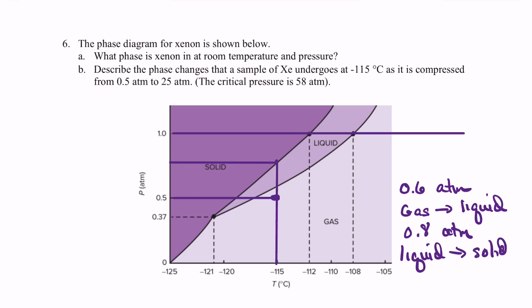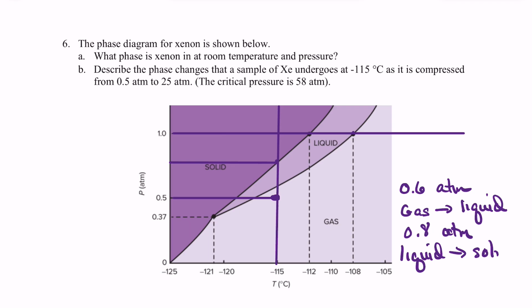And then, of course, as we continue to increase the pressure, nothing changes. We're entering into a region of solid and on up. So you're not going to expect to see any changes in phase, at least based on this phase diagram. Now, as we learned when we talked about water, for example, there can be multiple solid phases.